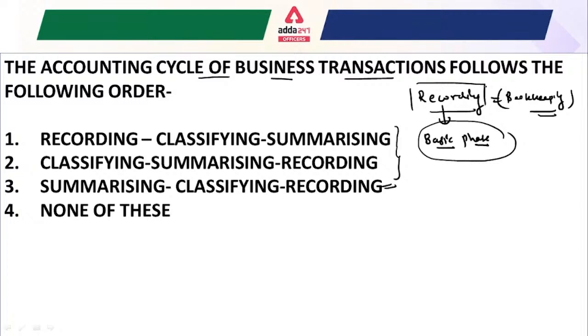In this recording phase all the financial transactions are recorded systematically as well as in chronological order in bookkeeping, and it includes the assets, liabilities, ledgers, journals, etc. So that is the basic phase of the accounting cycle of business transactions: recording, classifying, summarizing, as well as interpreting, right?